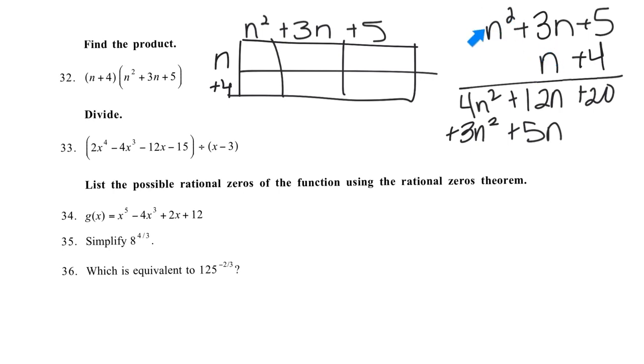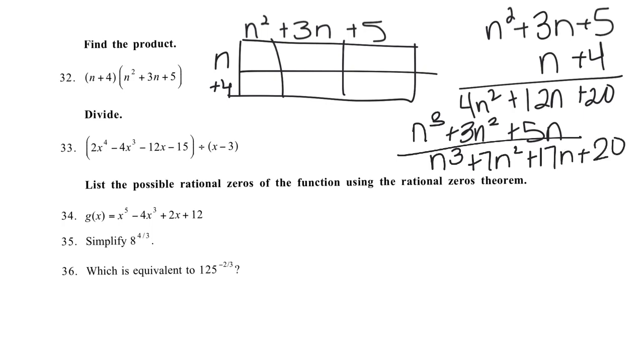And n times n squared, n cubed. So then I add up my like terms. N cubed plus 7n squared plus 17n plus 20. And then the other way to do it was just to distribute the n to everything and then distribute the 4 to everything, which is exactly what happens in any of these methods for solving this.